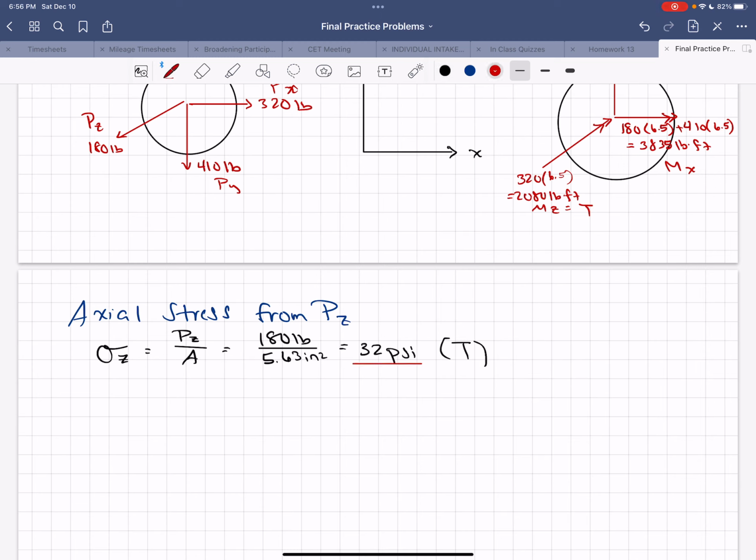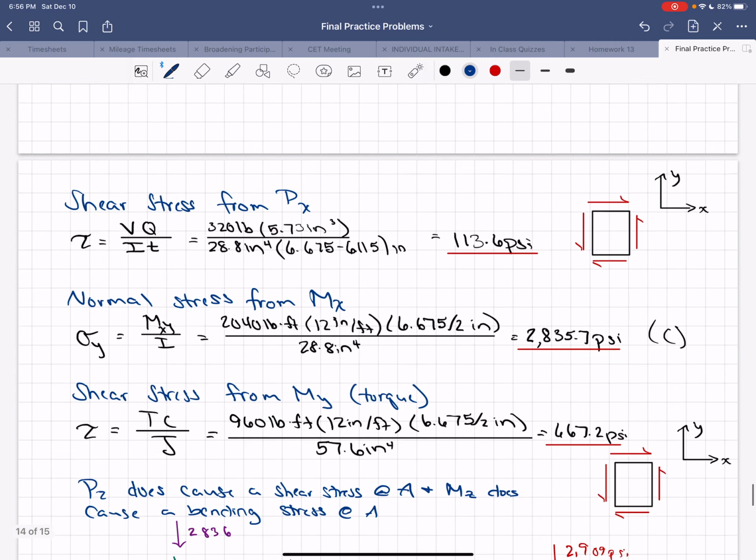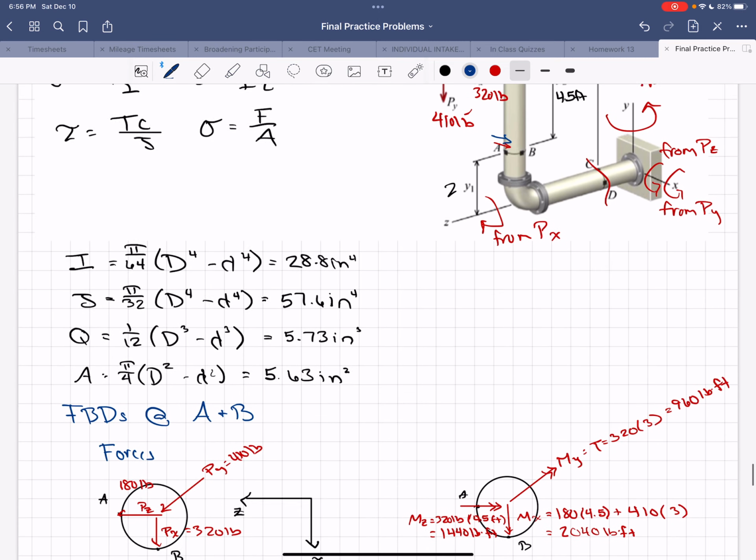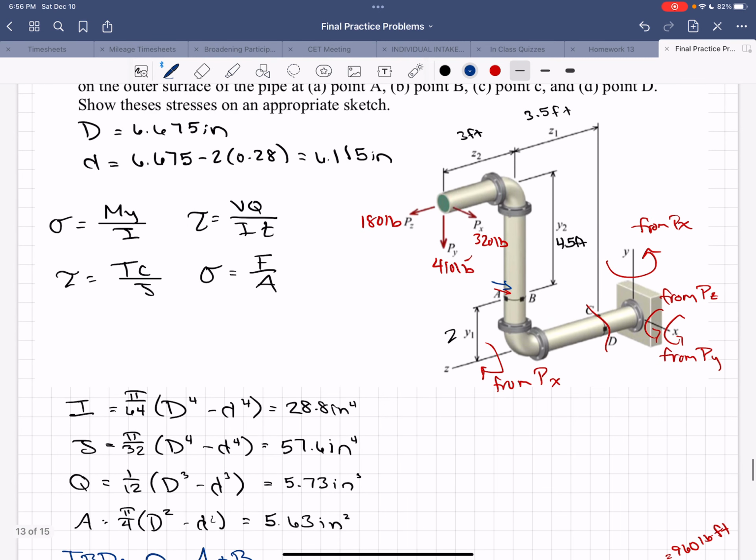All right, now we're going to look at the shear stress from PX. So we have PX here.